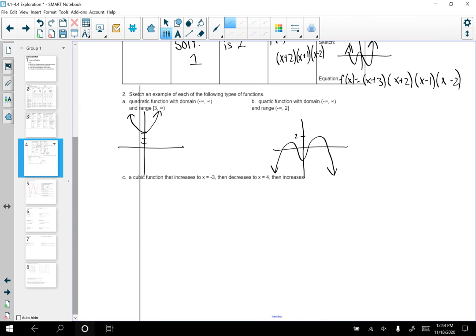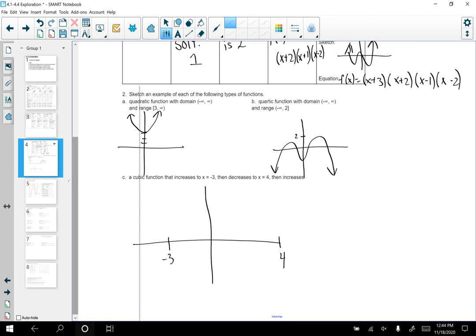Now, a cubic function, so 3rd degree, that increases to x equals negative 3, then decreases to x equals 4, then finishes in an increase. So I'm going to go ahead and draw an x-axis, and we'll say that's negative 3, and then here is x equals 4.